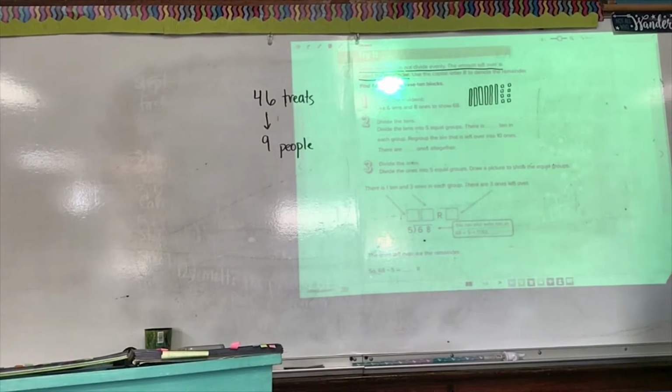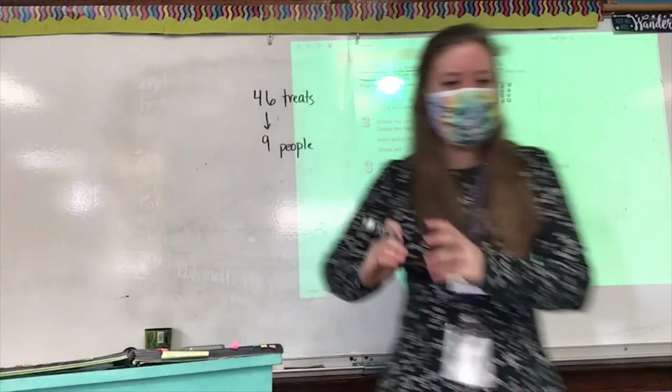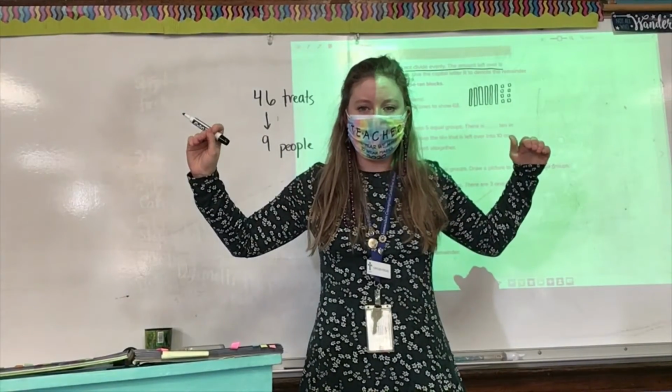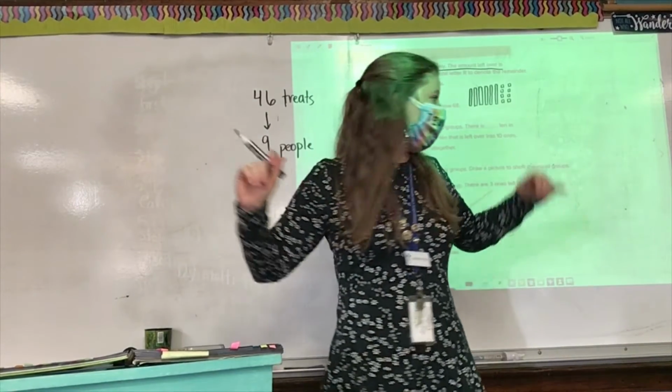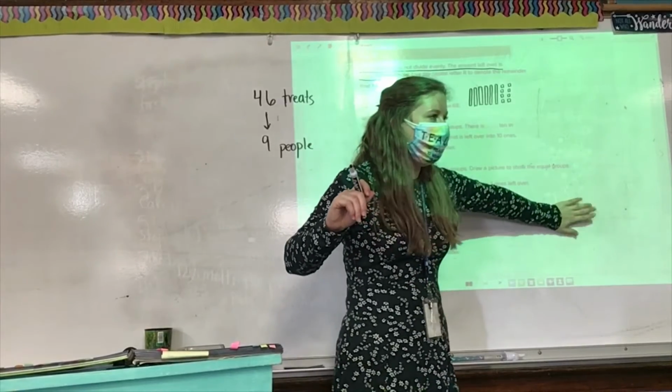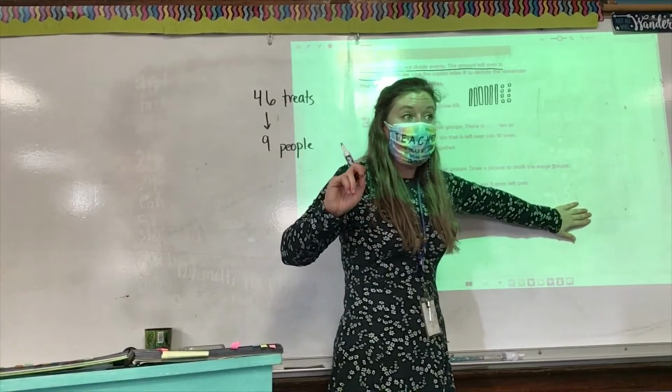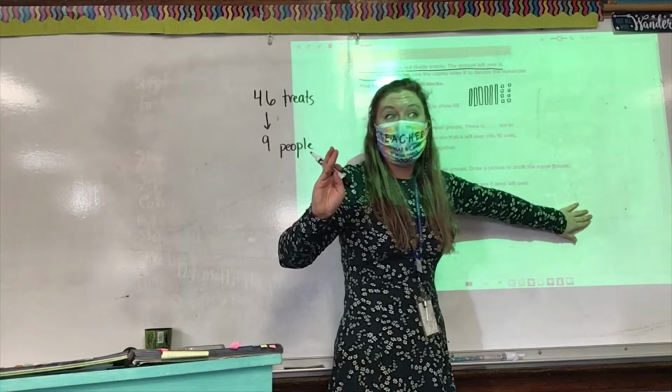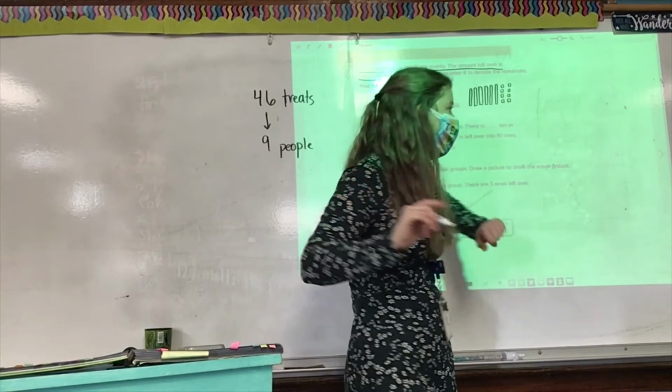So find some space. Do it under step 3, you see how the words are really long? Right here, do it there. Make sure that your circles are big enough that you can fit base 10 blocks in them.